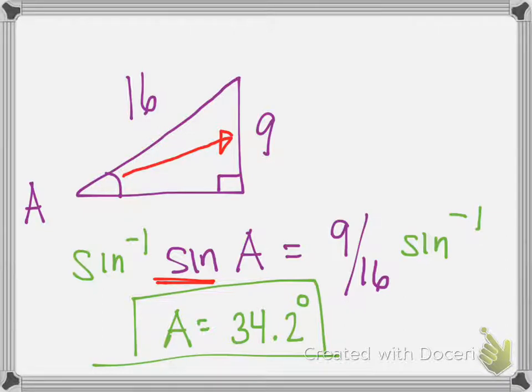Okay, so here's the deal. The way that you get rid of sine is inverse sine, and this thing right here is called the inverse sine. Well, this is an equation, so you have to do inverse sine to both sides.